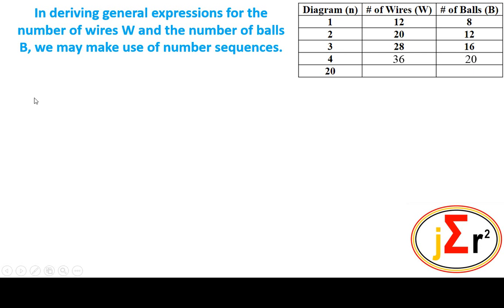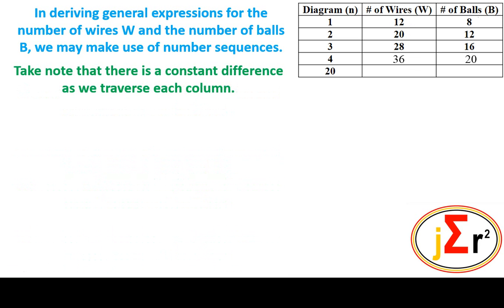And we are just required to do that without any additional information given except the information that we have in the table. This column is for the number of wires and this column is for the number of balls, and we do not really need any additional information, as you will see in a short while.